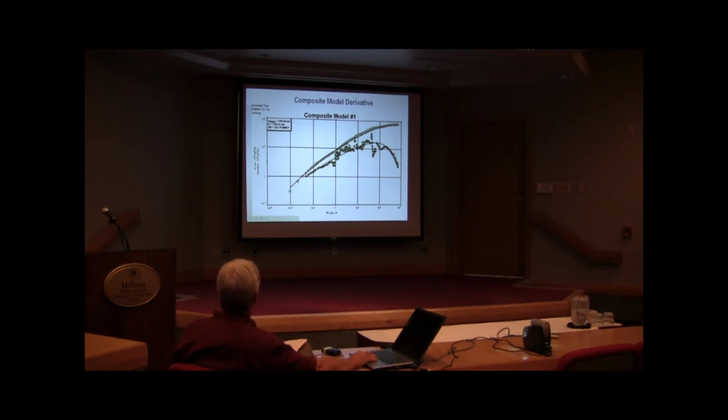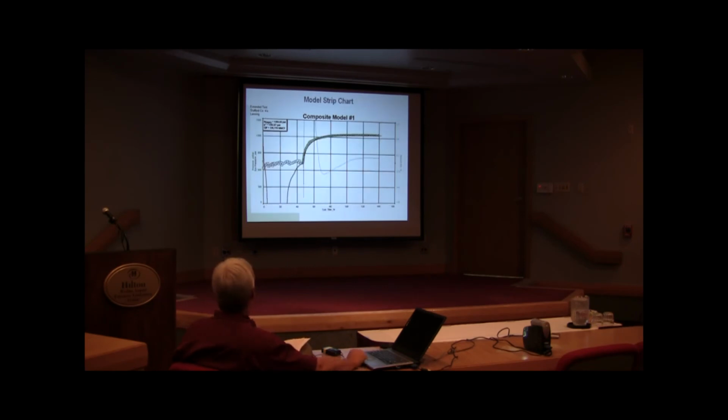Going down through here, this is the bad data, but the model kind of bisects that bad data, and it's good all the way back over here. When we superimpose the model results onto the actual data, we've got a real good fit here. We're less than 0.1% difference, up to a maximum of about 0.2% difference. But again, that's not valid data, so I don't really care about that.